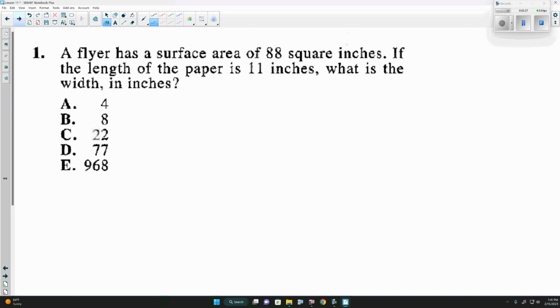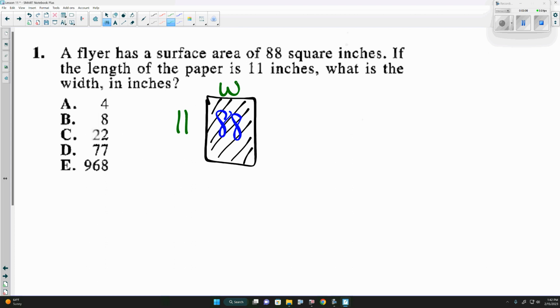Looking at the first one here: a flyer has a surface area of 88 square inches. If the length of the paper is 11 inches, what is the width in inches? So what are we talking about? A flyer is a rectangular sheet of paper. The overall area is 88 square inches.